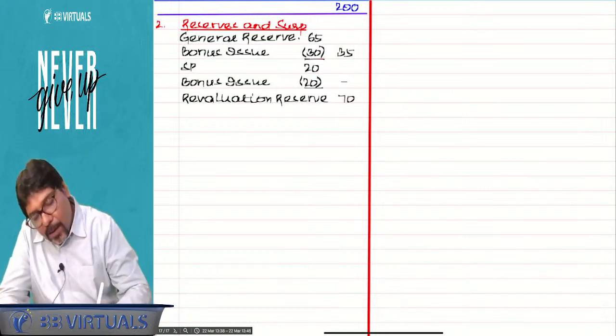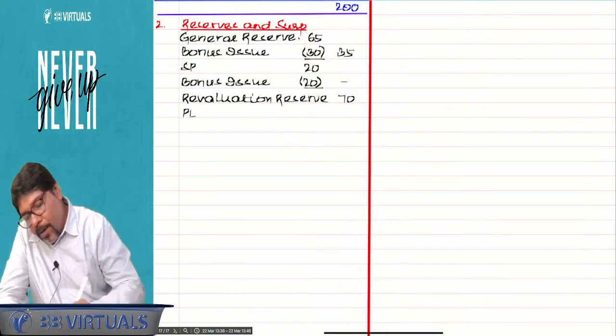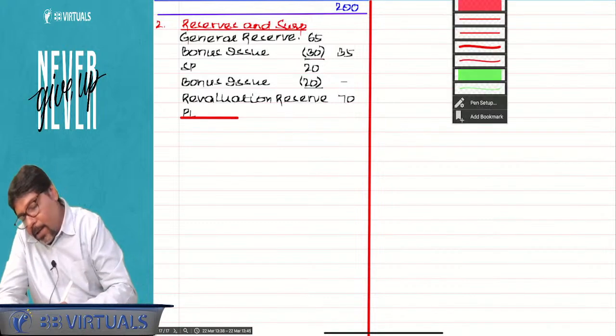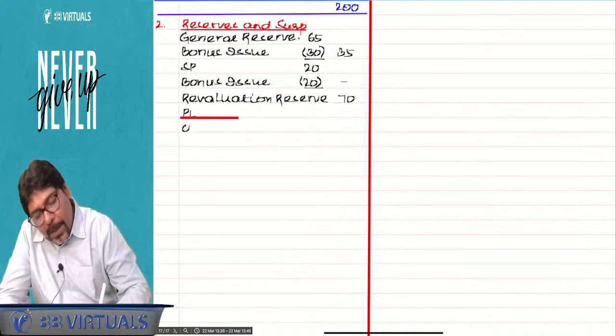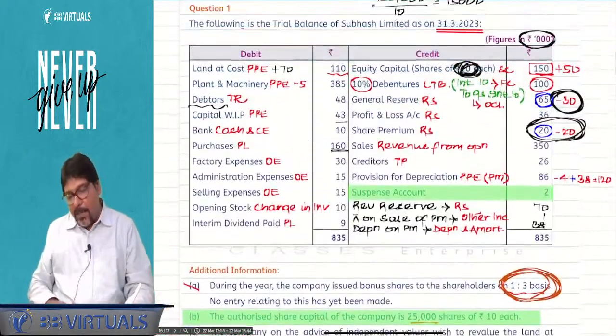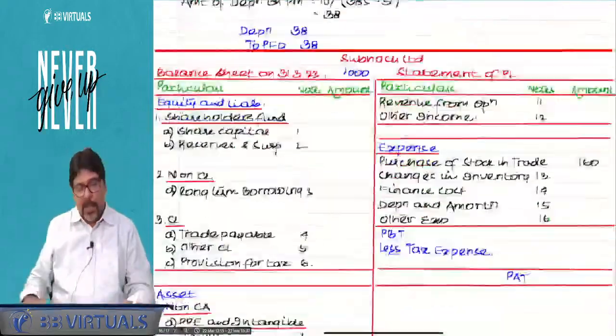Then chartered we have got P&L account. Now chartered, P&L का opening balance we need to find out. P&L का opening balance is 36,000.